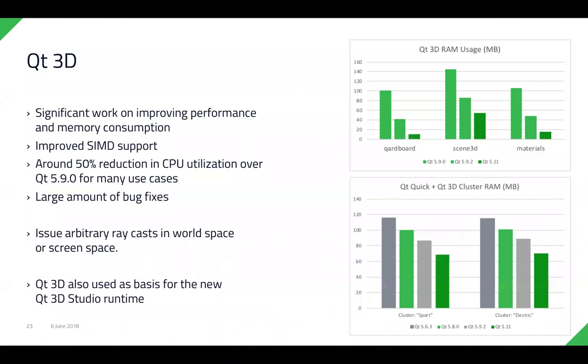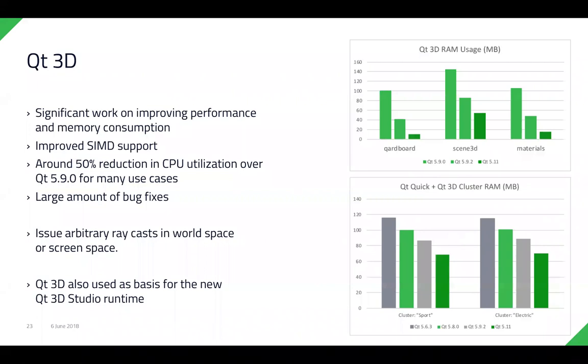Another example down there is still the memory usage, the clusters. That's also using Qt and Qt 3D combined to do an instrument cluster for a car. And there you can see that the memory usage was cut down by around 40%, which is very significant.